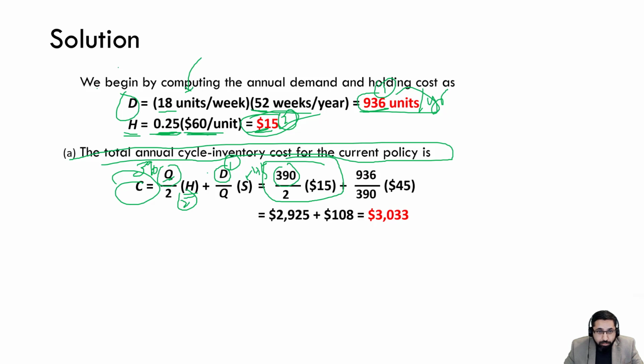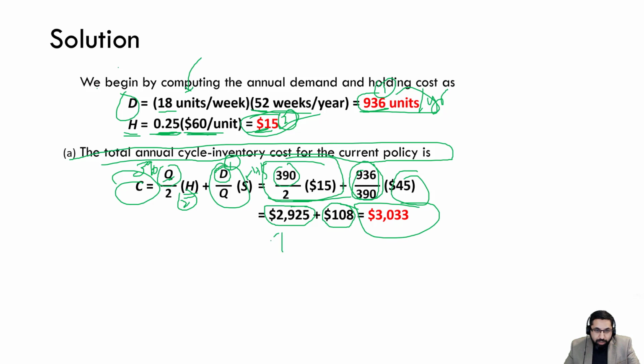Plus my ordering cost is D over Q, which is how many orders I'll place in the year, 936 over 390, less than 3 orders, times the cost per order, 45. My total cost is $2,925 on holding inventory and only $108 on ordering inventory, for a total cost of $3,033.